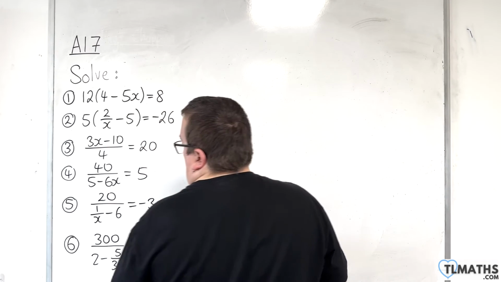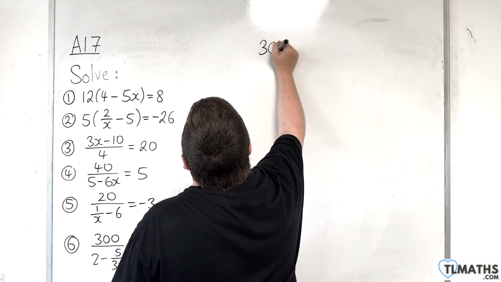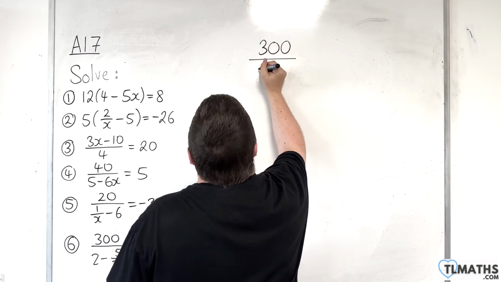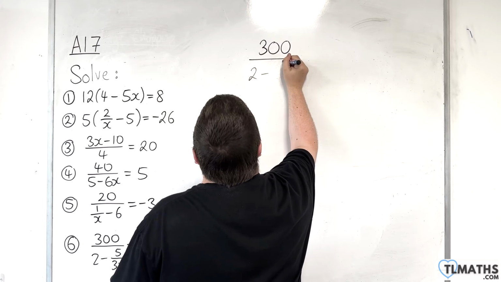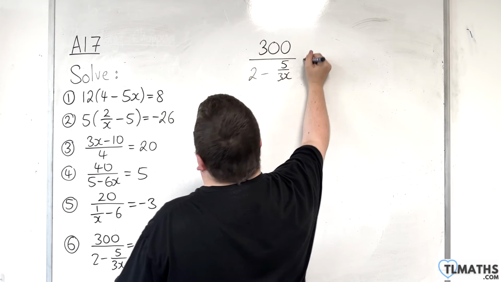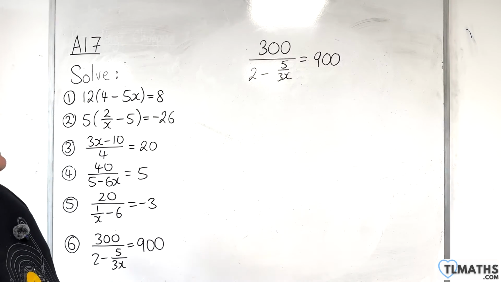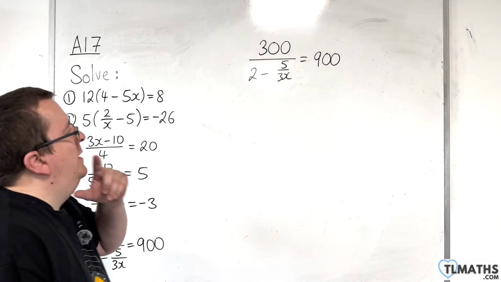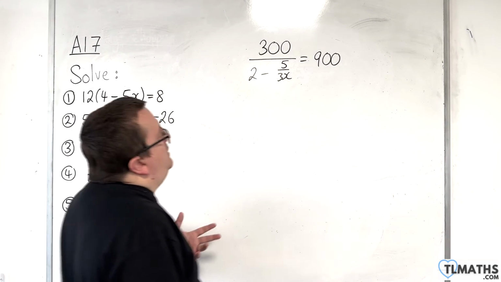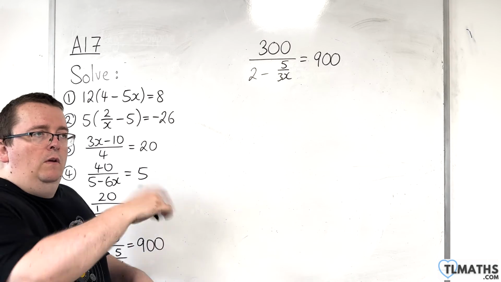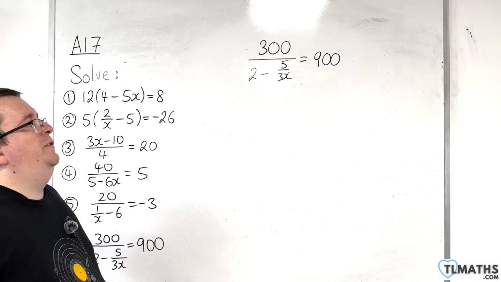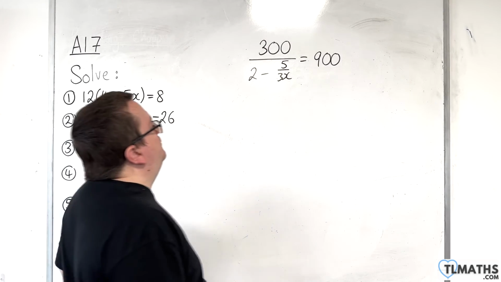Okay, last one. We have 300 over 2 take away 5 over 3x is equal to 900. Okay, so let's do this dealing with the nested fractions, so multiplying top and bottom by 3x first.